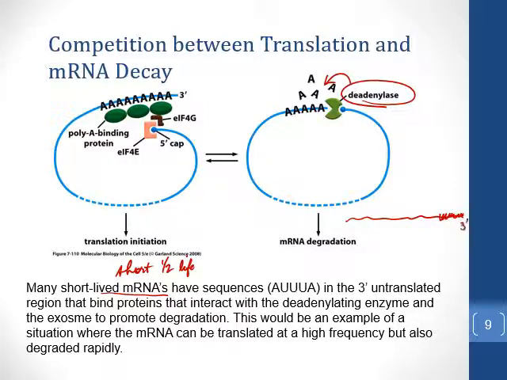This is where translation would stop right there. But if this 3' UTR has this AUUUA sequence in it, that's going to serve as a binding site for proteins that induce the deadenylation. And that induction of deadenylation then is going to lead to degradation, as we saw on the previous slide.